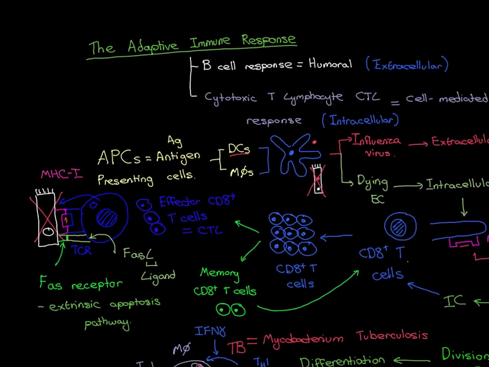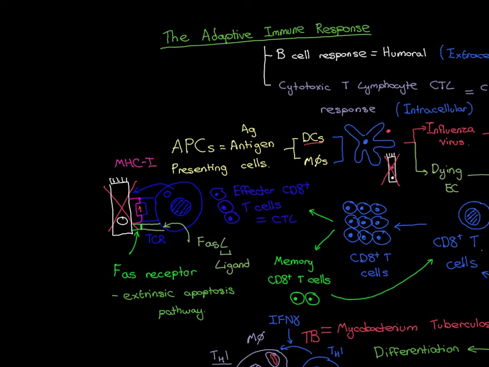Now these go into the blood, they go to the site of inflammation, the respiratory tract in this case, and they are very, very good at killing virally infected cells. How do they recognize virally infected cells? Well, remember, all nucleated cells continuously sample proteins from their cytoplasm, chop them up into little fragments, and put those fragments on MHC class I molecules on their surface.